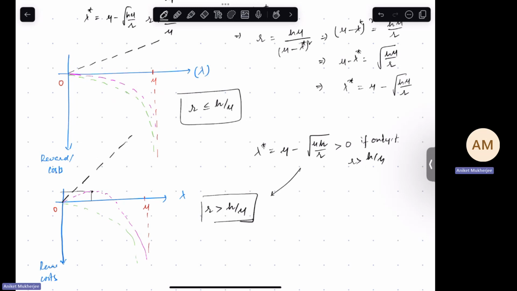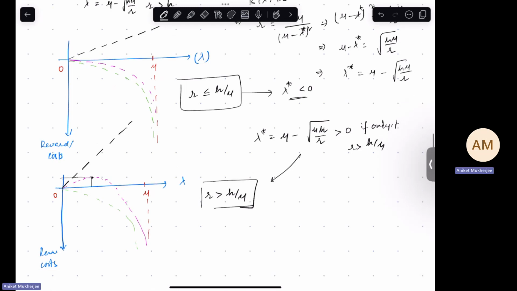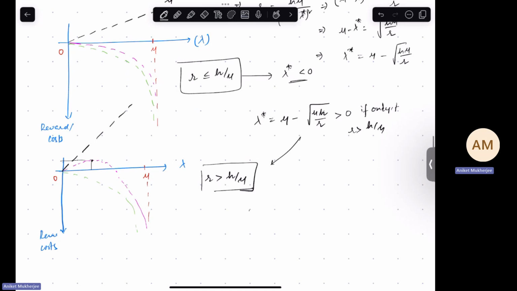In this case, you can see that lambda star is less than zero. That is what you get. So we can write lambda star as max of mu minus root mu h by r comma 0, or lambda star equals mu minus root mu h by r plus, right?